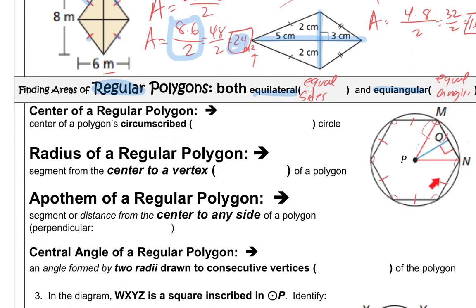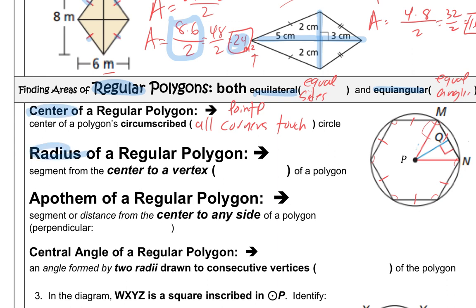Circumscribed means all the corners are touching. Okay, all corners touch. They all touch the inside of that circle, as we see right over here. So when we do that, the center of the circle is also the center of this polygon, right? So we're going to say that the center of that one is point P. Okay, so that's the center.